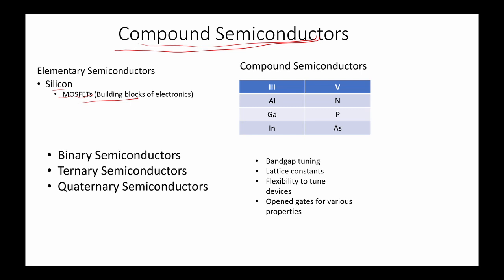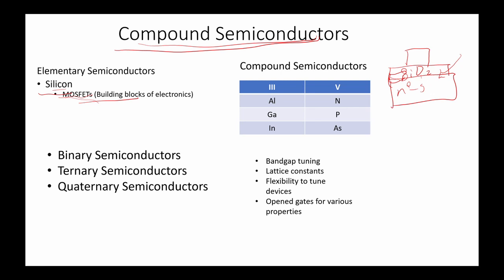Silicon is used because in the MOSFETs we have n plus silicon, and then we are growing silicon oxide, SiO2. This interface decides how charge transportation happens in the semiconductor devices, because at this junction there is a gate, and here are the source and drain.